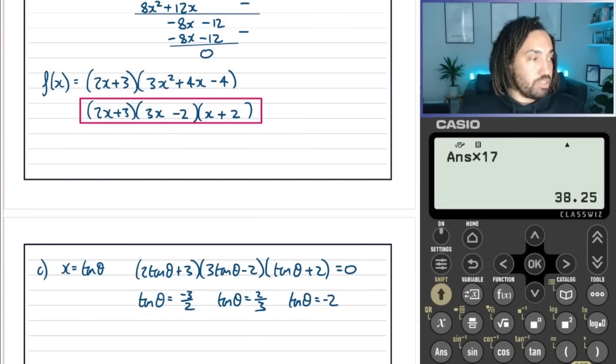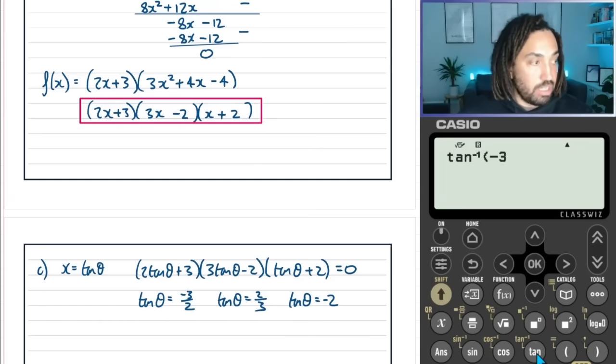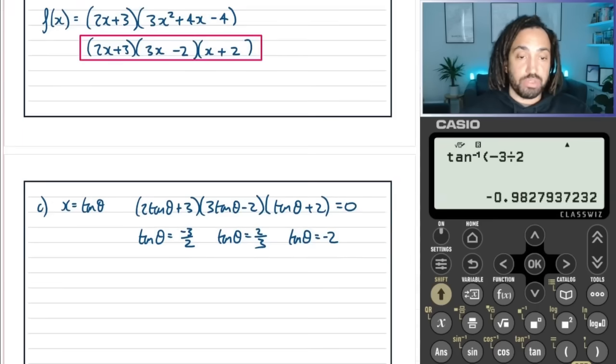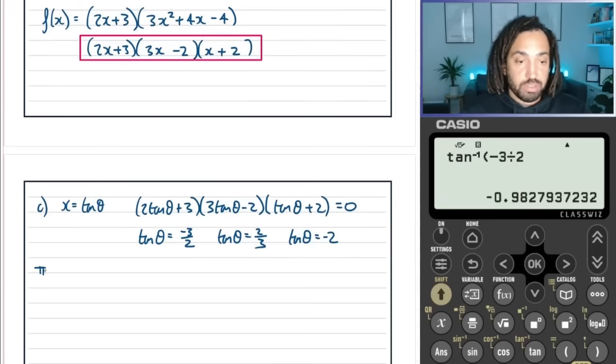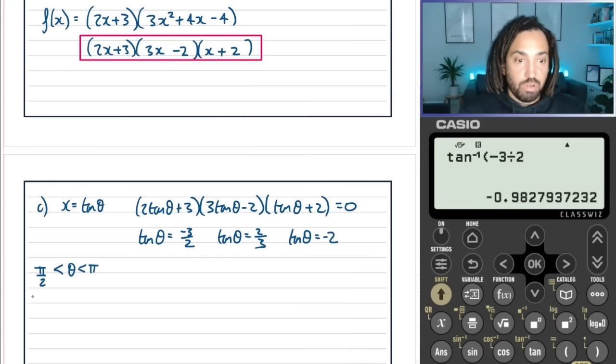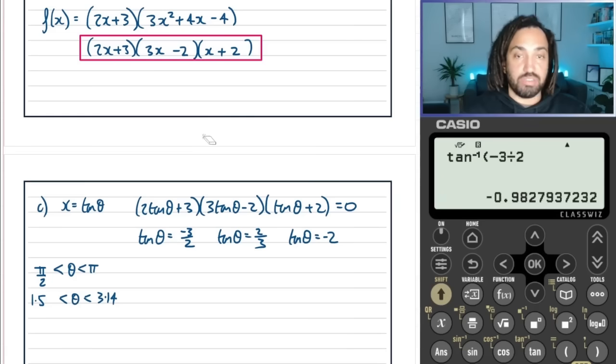Okay, so in radians, we need to work out what these are going to be. So for this one, we're going to get as such, and in fact what it might be useful to do is work out what the range is, because the range said it was between pi over 2 and pi, which means we're somewhere in the region of about 1.57 and 3.14.